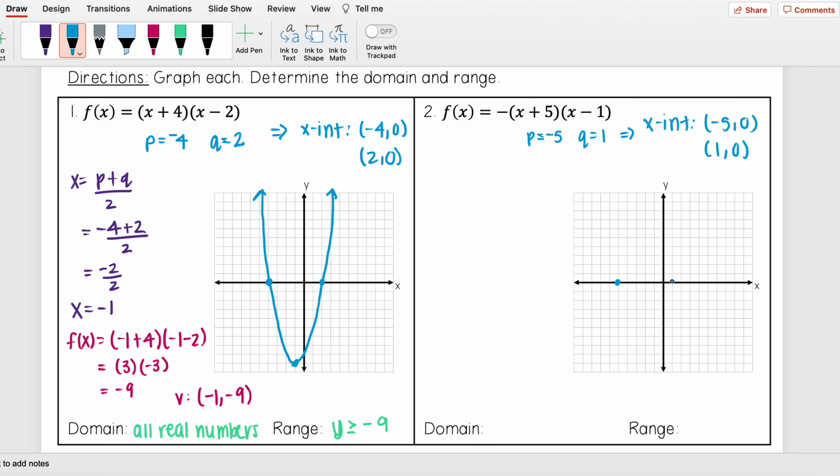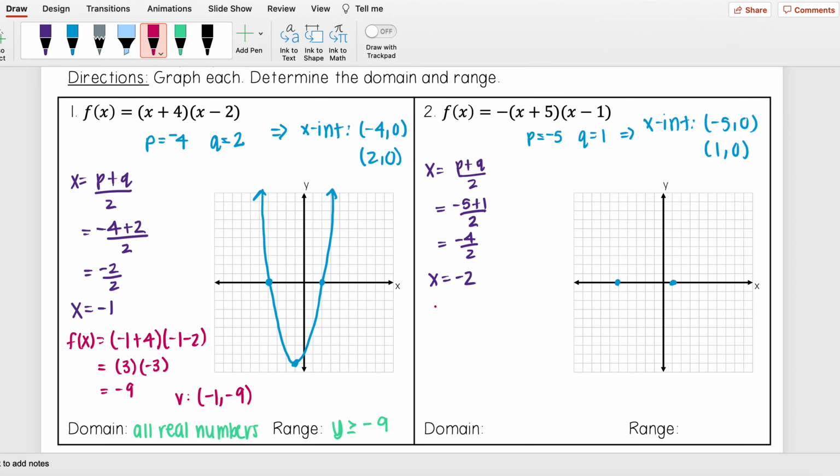Now to find my axis of symmetry, I need to do P plus Q divided by 2. So I have negative 5 plus 1 divided by 2. Negative 5 plus 1, I get negative 4. And so I get that x is equal to negative 2.